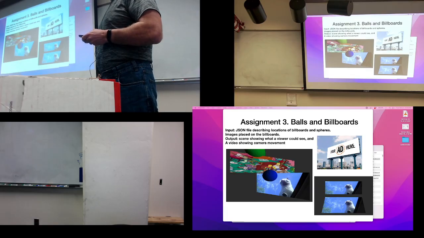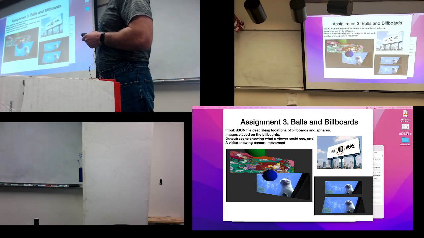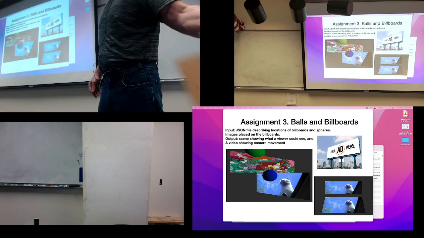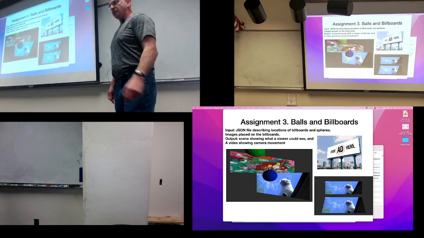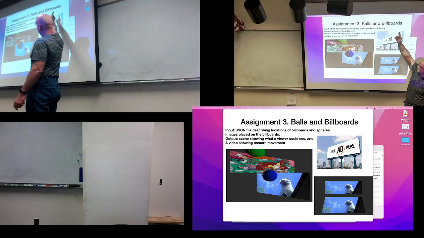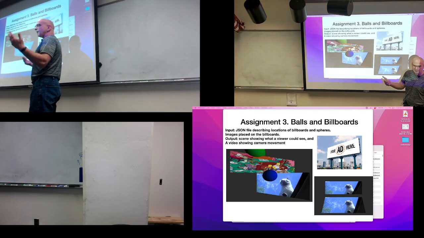So in homework 3, you have to implement a ray tracer, which will have as an input a JSON file. JSON is kind of a language that allows you to define objects. Probably you have seen it before.